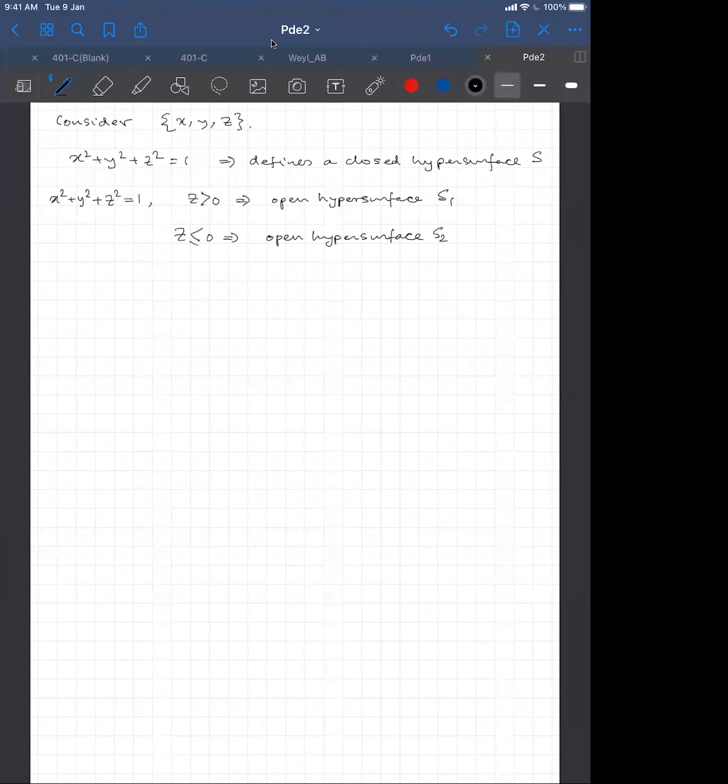This is the hemisphere. This one, however, is the hemisphere plus its boundary. Okay.